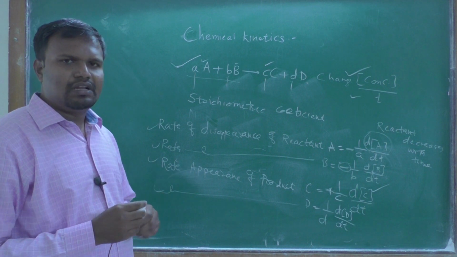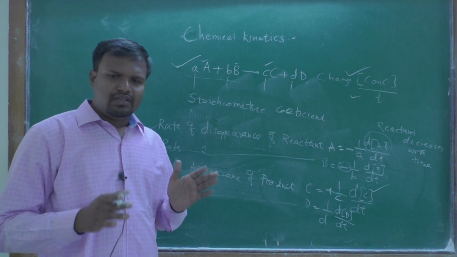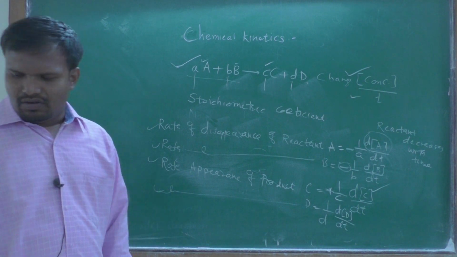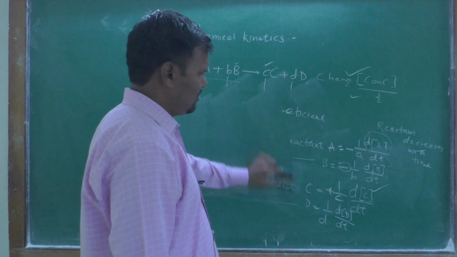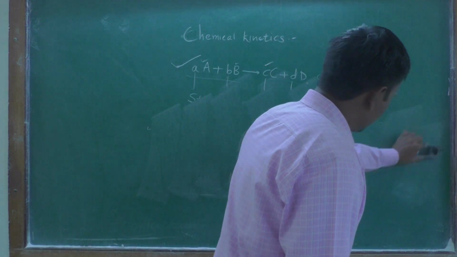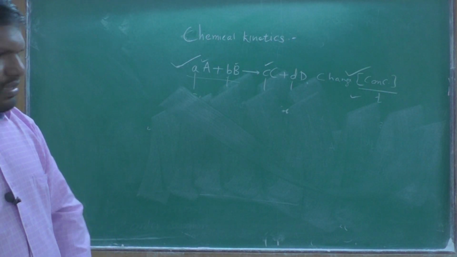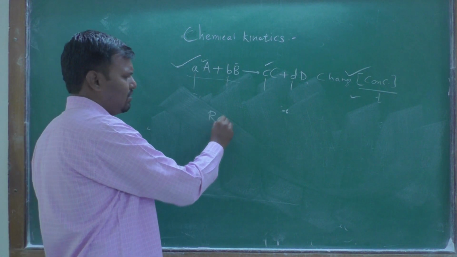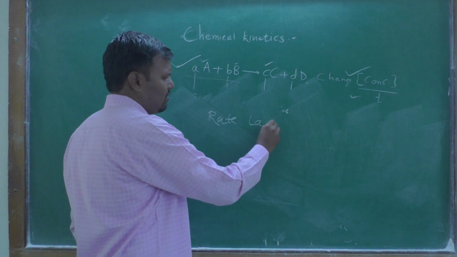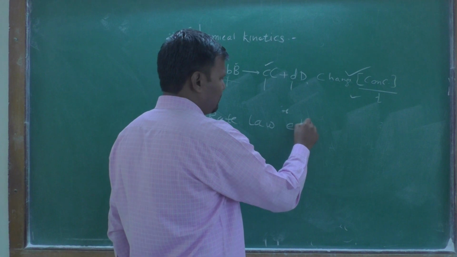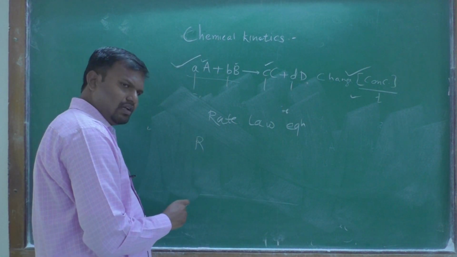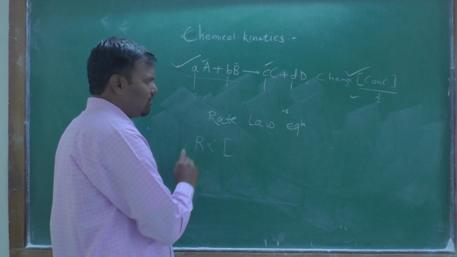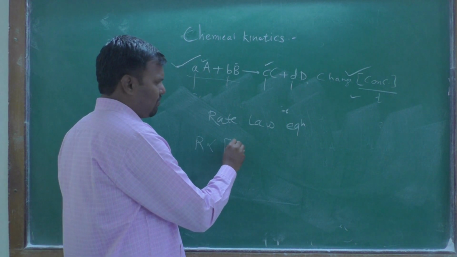We can give some equations. It depends upon the concentration of reactant and product. Now the rate law equation. We know that rate is directly proportional to the concentration of reactants.